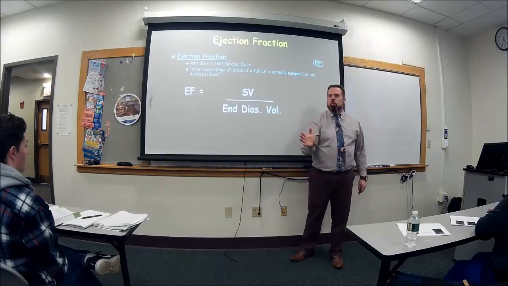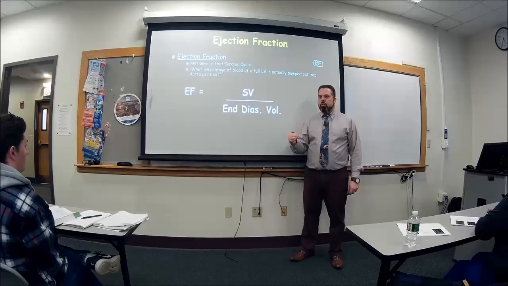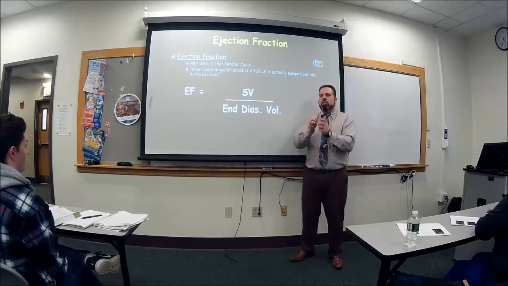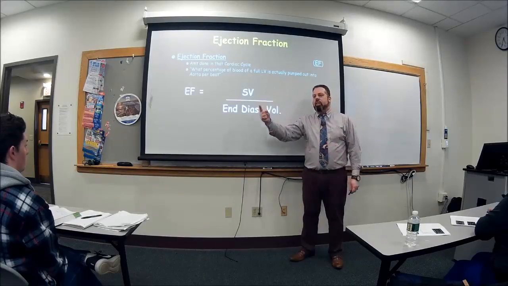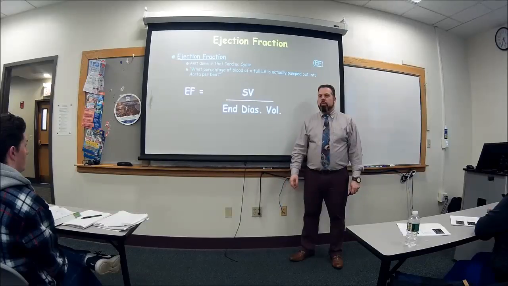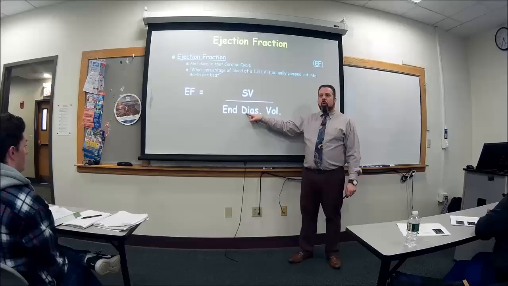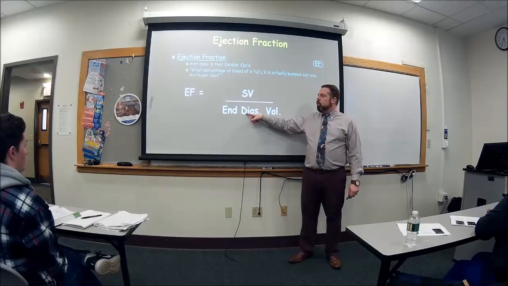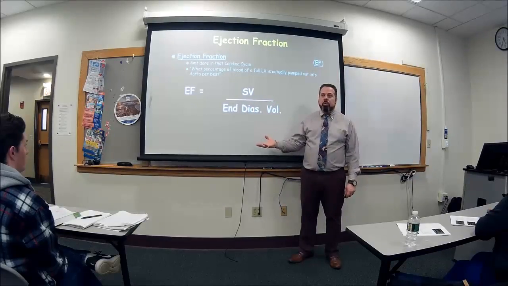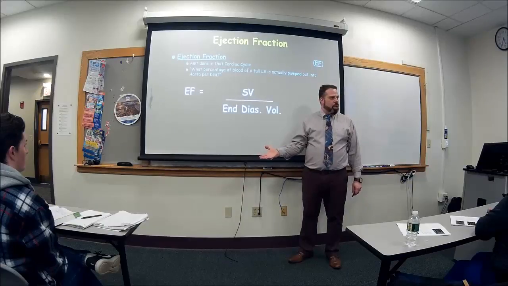When the heart squeezes and you've got a stroke volume of 70 milliliters, the full chamber is 100, so the ejection fraction is 70%. Right? You see how you get it?